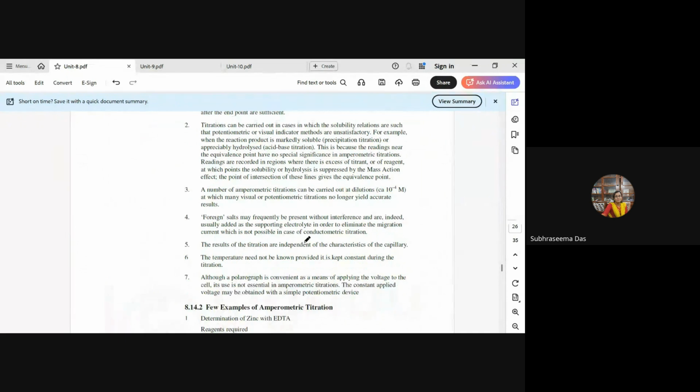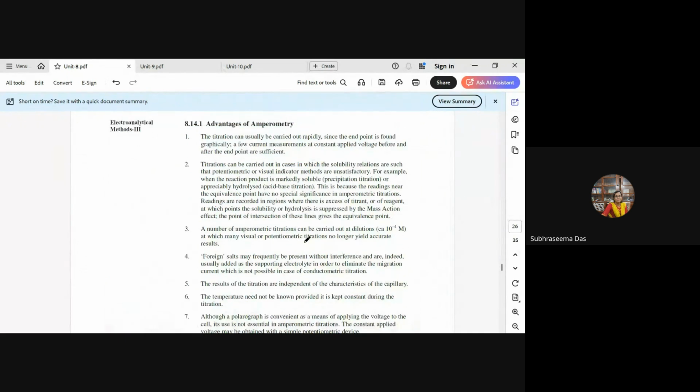So, what are some of the advantages of amperometry? The titration can usually be carried out rapidly since the endpoint is found graphically. A few current measurements at constant applied voltage before and after the endpoint are sufficient.